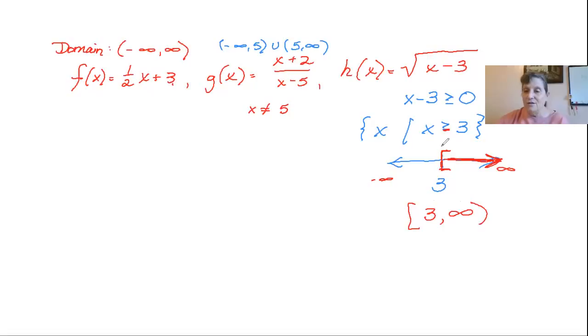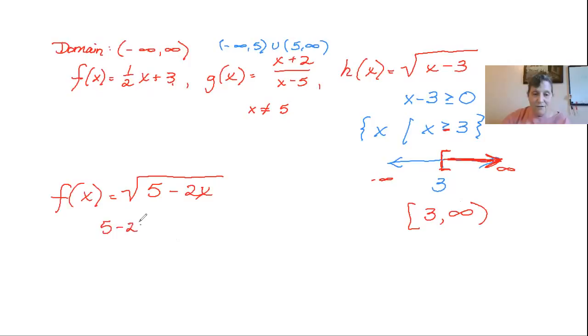Now you can't just assume it's going to be the numbers above this. What if I had f of x equals the square root of 5 minus 2x? If I set 5 minus 2x greater than or equal to 0, then I'm going to subtract the 5.